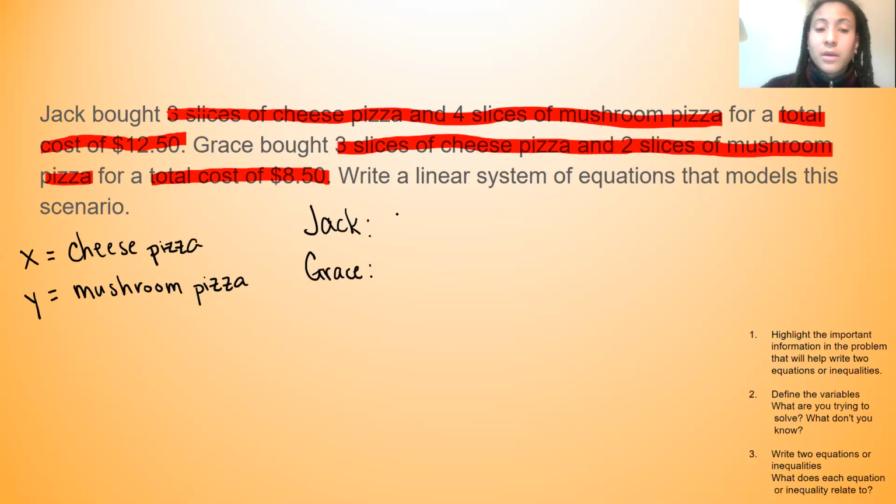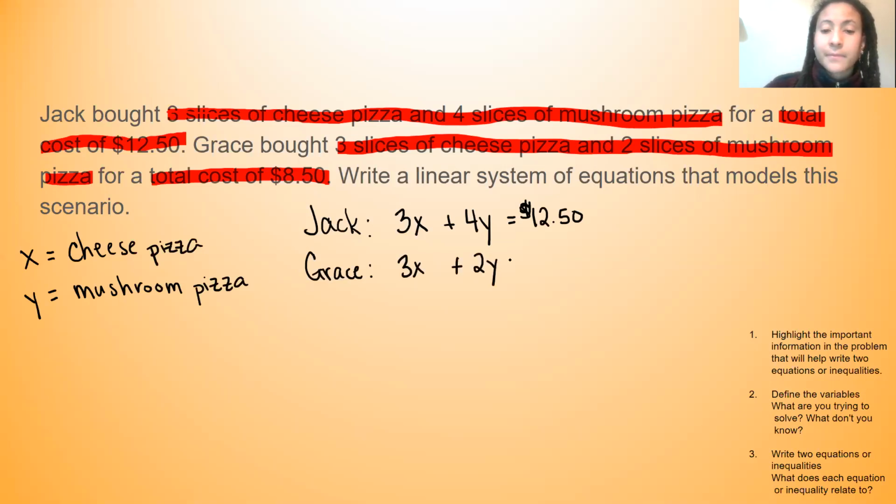So we have 3x plus 4y equal to $12.50. Right? Okay. And then we have Grace, where she bought 3 slices of cheese pizza and 2 slices of mushroom for a total cost of $8.50. So we have 3x plus 2y equal to $8.50.